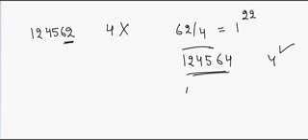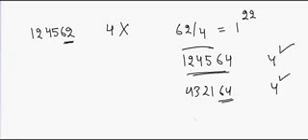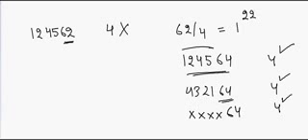I can write 4, 3, 2, 1, 6, 4, and again it is divisible by 4, or I can write anything, x x x x and 64, and this number should also be divisible by 4. So I have to look at the last 2 digits to check if the number is divisible by 4 or not. In this case it is not.